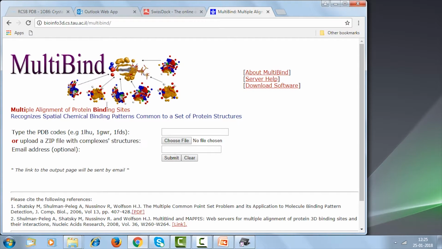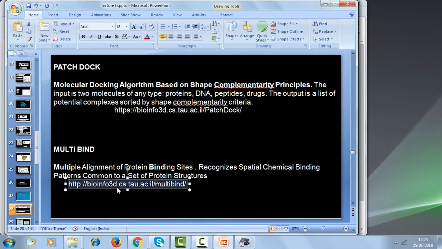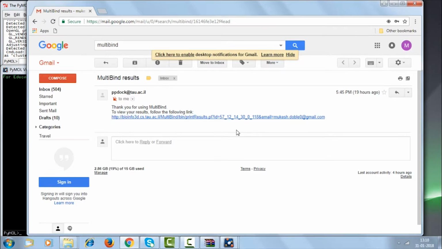MultiBind looks at different proteins, and we can upload them as a zip file. It compares different proteins and finds common chemical patterns. The results of MultiBind again come to your email ID as seen here.